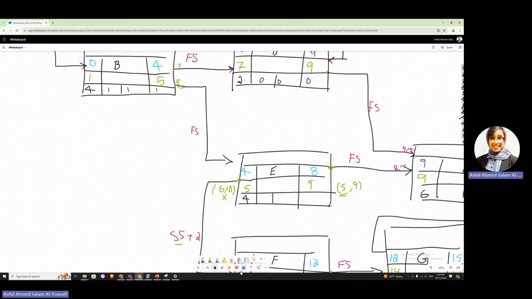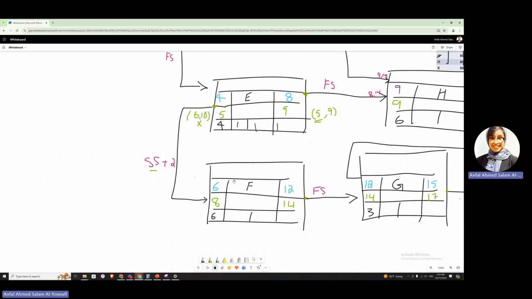For E, that is 1, 1, 1. For F, that is 2, 2, 2. So we are subtracting this, we're subtracting this and subtracting 14, 6 and 6.